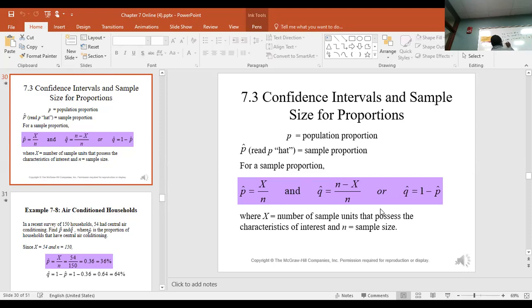And the sample proportion of failure is q hat equal to n minus x over n. So if x is greater than or equal to 5 and n minus x is greater than or equal to 5, we can use the Z distribution to compute the confidence interval for the proportion.